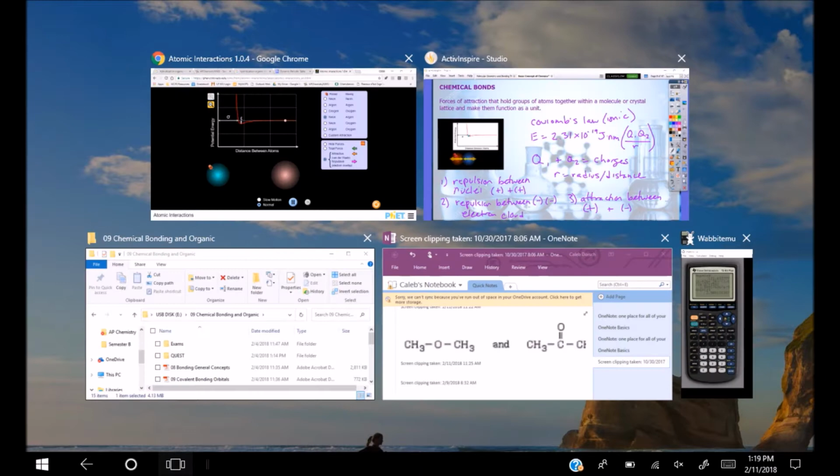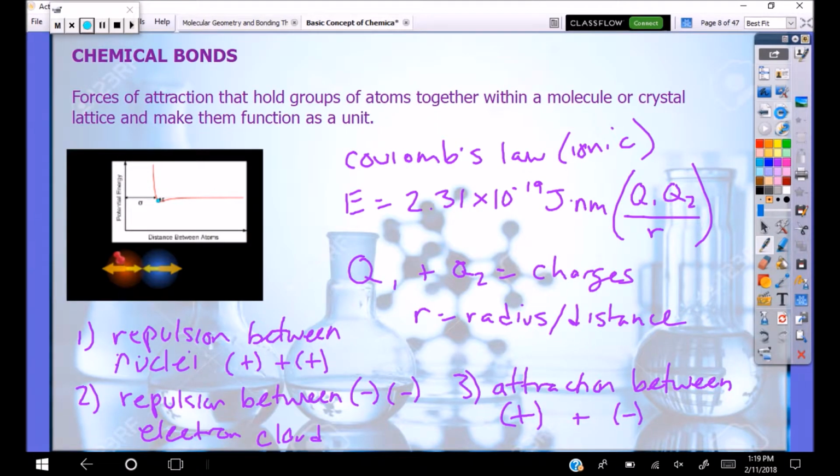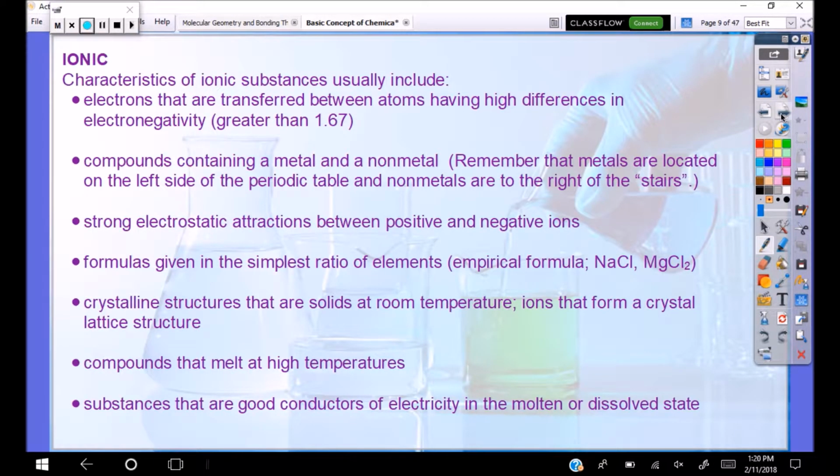Okay. All right. So when we're looking at ionic substances, there are a lot of characteristics we have to look at. We know that in an ionic compound, electrons are transferred between atoms. They also have high differences in electronegativity.